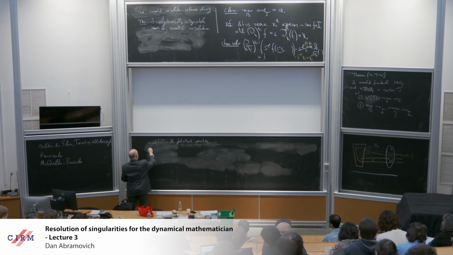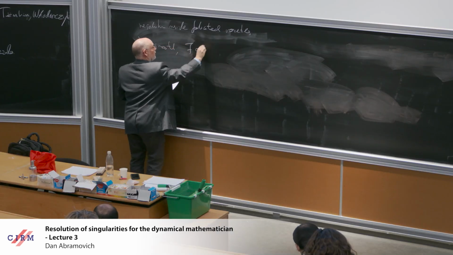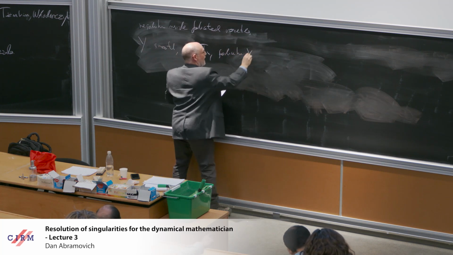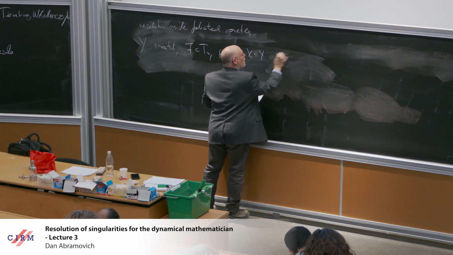So suppose Y is smooth, F is a foliation, and X inside Y is a singular subvariety, or possibly singular subvariety.